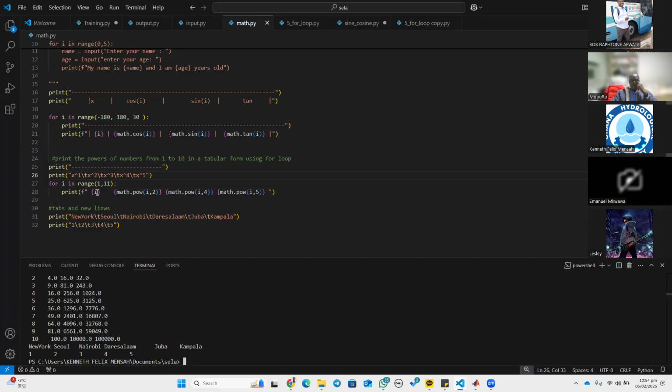Yes, the curly brackets of I and math.power. Stop sharing. That space. So put \t between those two. Yes, \t, and remove the space completely.